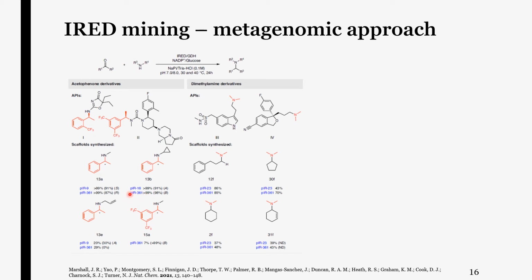And the best ones are listed here, where also scaffolds could be synthesized by these imine reductases with a rather nice conversion, also with a very good enantiomeric excess.